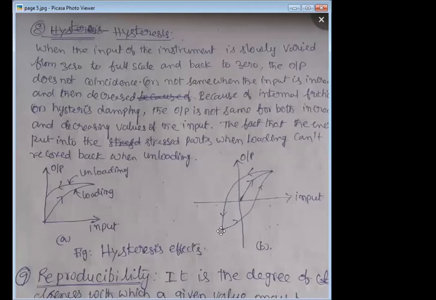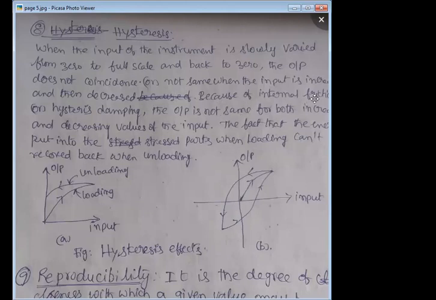Again the input is increasing, the output is deviating, though it should follow the same value. So it means it is having some hysteresis. When the input is increasing and decreasing, the output does not follow the same manner, so that can be considered as hysteresis.